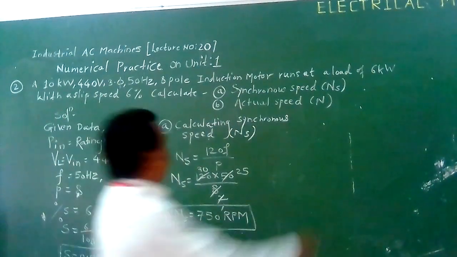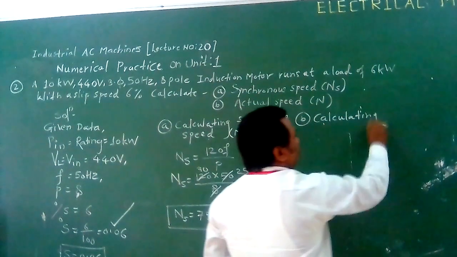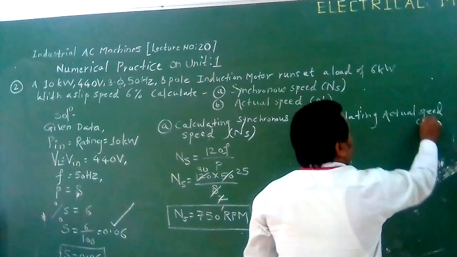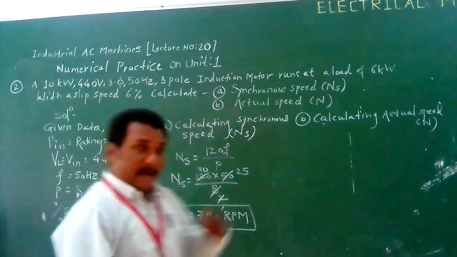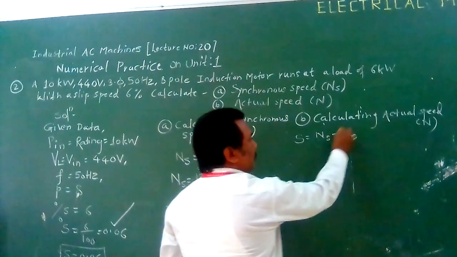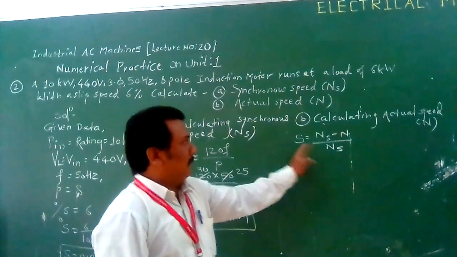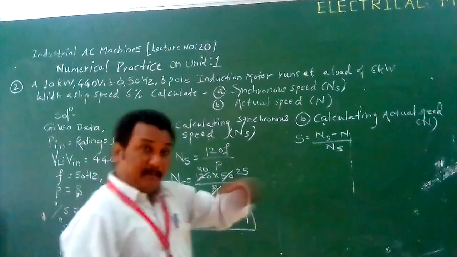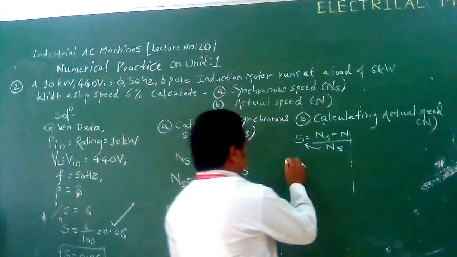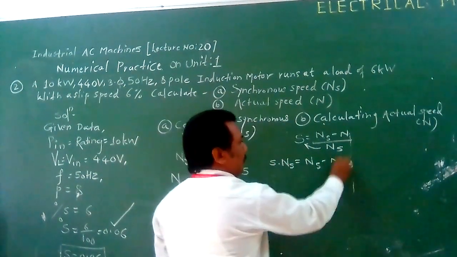Now we are calculating the actual speed, which is denoted by capital N. For the calculation, we know the slip formula: S is equal to ns minus n upon ns. But in this case, we know only S and ns; n is not known. By simplifying, the denominator is multiplied to the left side, so S into ns is equal to ns minus n.